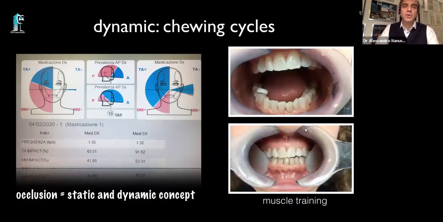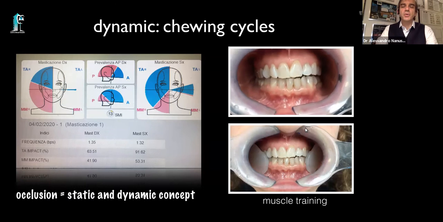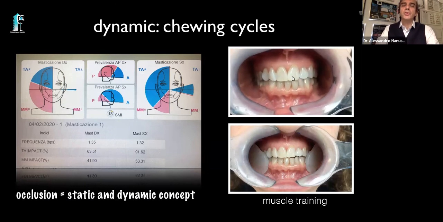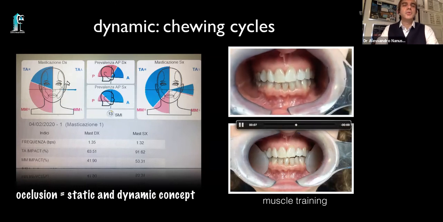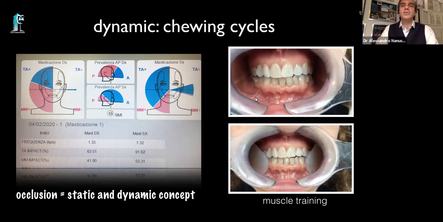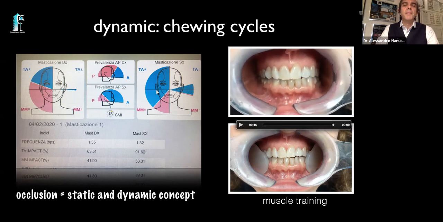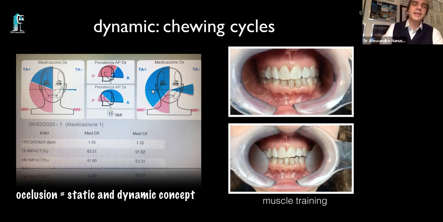Well, let's check with a dynamic analysis of chewing. When this patient chews on the right side, she correctly uses the right muscle. But when she chews on the left side, she doesn't use the left muscle, but uses the right muscle again.